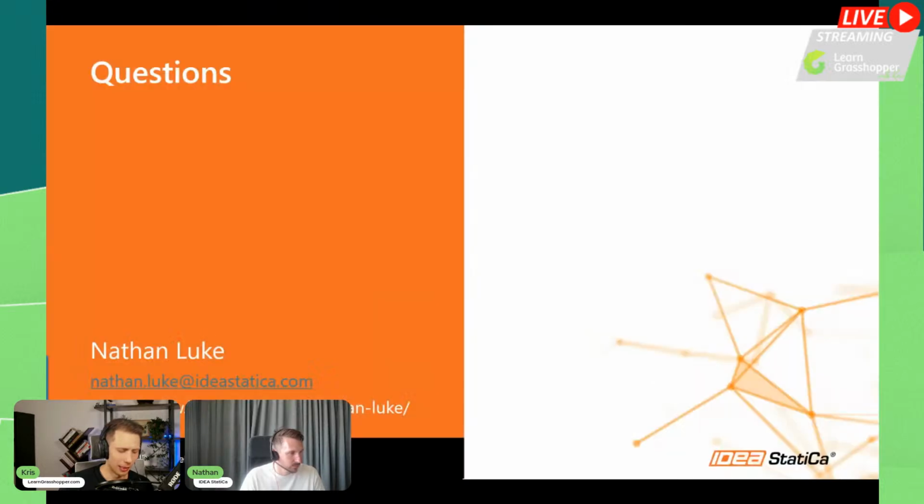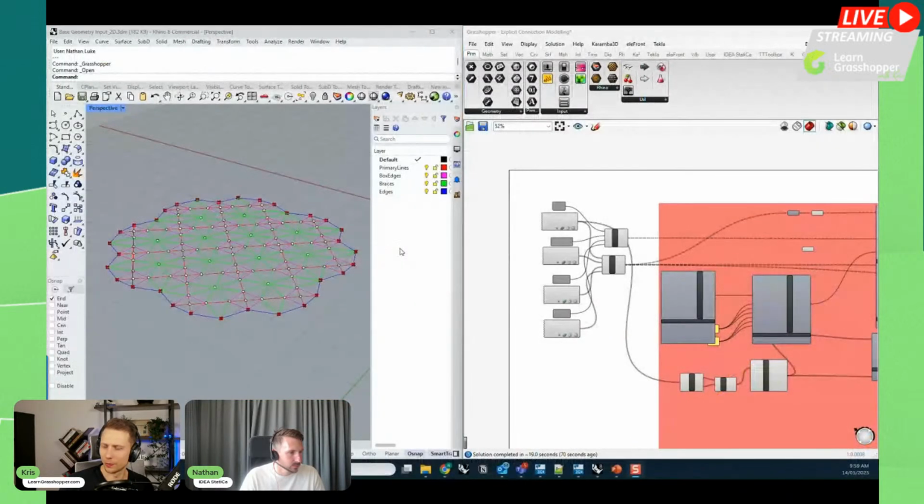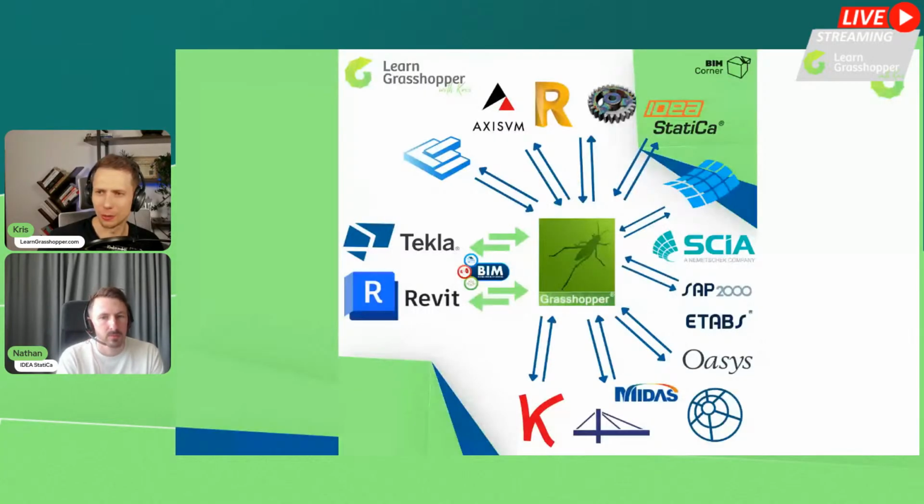I think for some, it's hard to set up everything. We try not to scare you with all these components. It's more about inspiring all of you. We saw some questions about which software can be connected with Grasshopper. I made a list, as you can see right here.